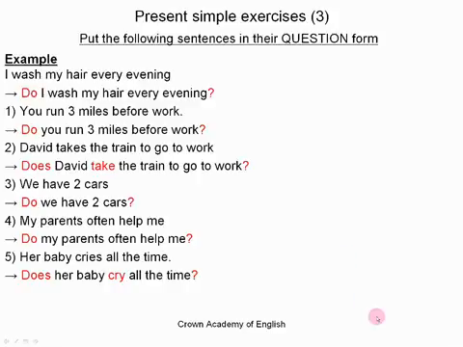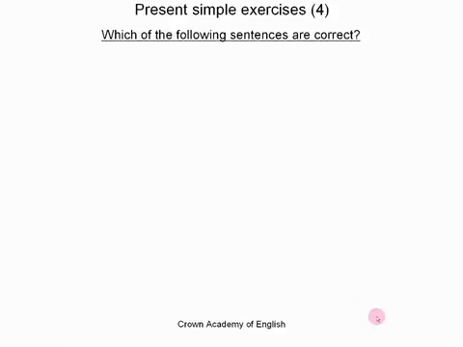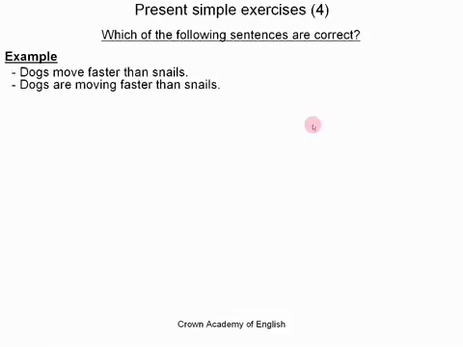And now let's just have the final exercise, which is quite a quick one. I'm going to give you two sets of sentences, and one of them is right and one of them is wrong. You have to tell me which one is right and which one is wrong. For example, the first sentence is, dogs move faster than snails, or dogs are moving faster than snails.